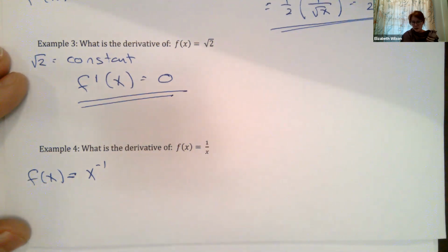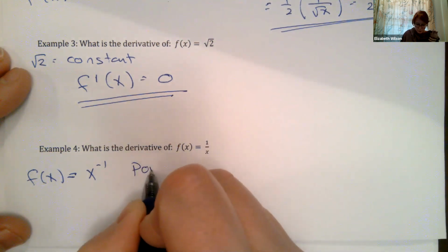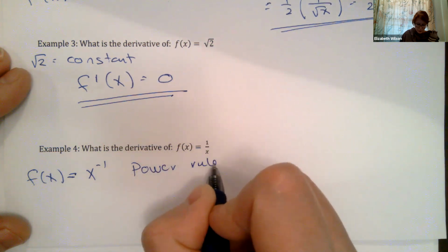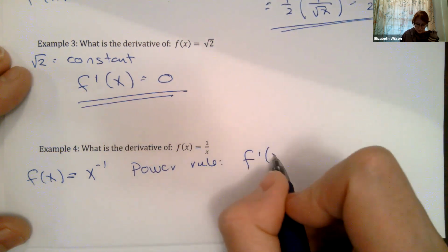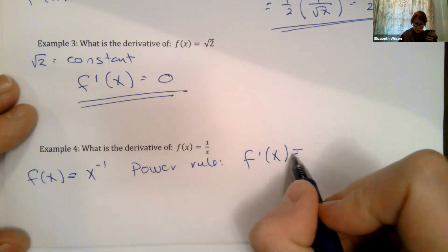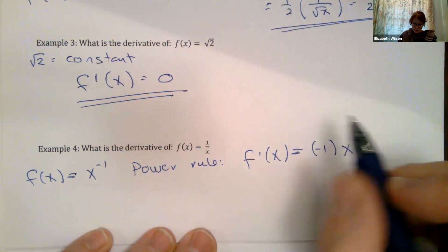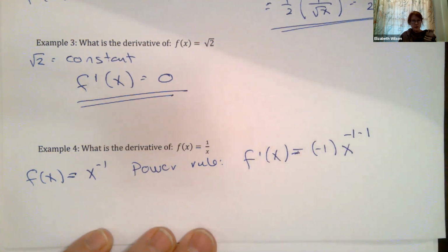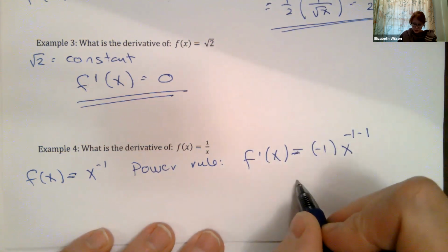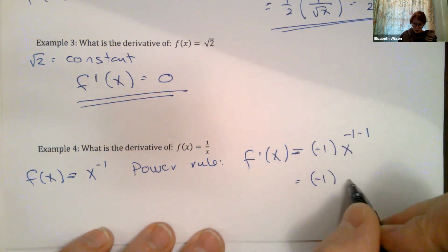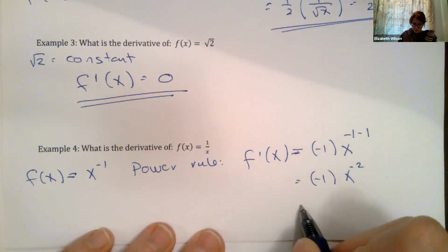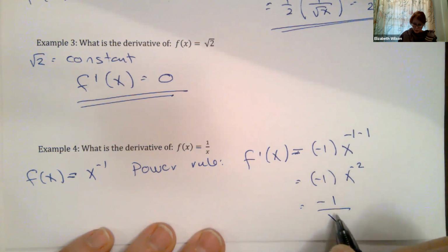I like to do it this way because I'm going to use the power rule. Right, so when I take the derivative, I'm going to take my exponent, bring it down out front, take my variable, I'm going to subtract 1 from the exponent that's already there. So I'm going to get minus 1 times x to the minus 2, which is equal to minus 1 all over x squared.